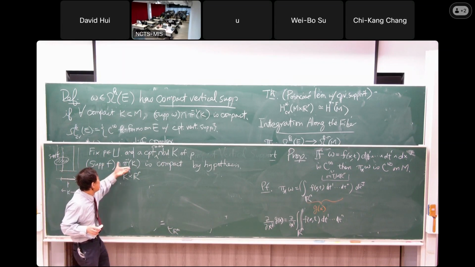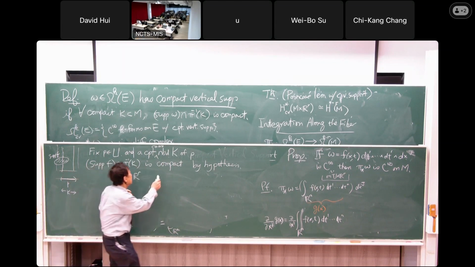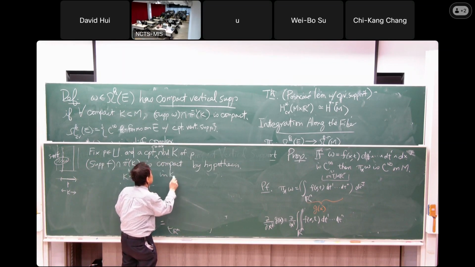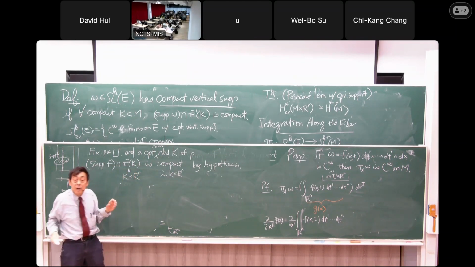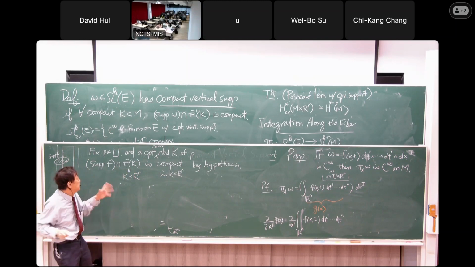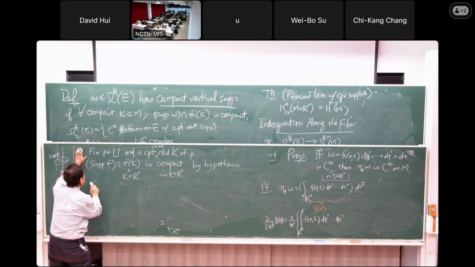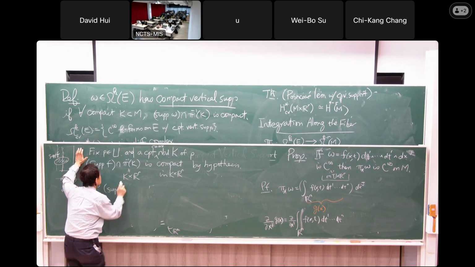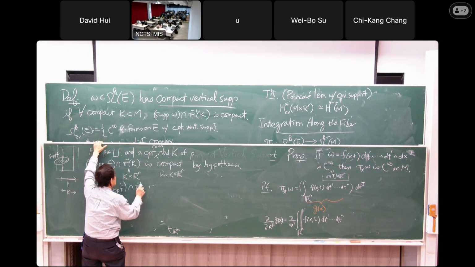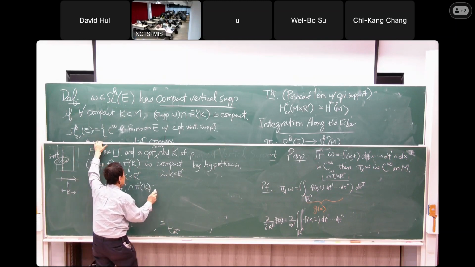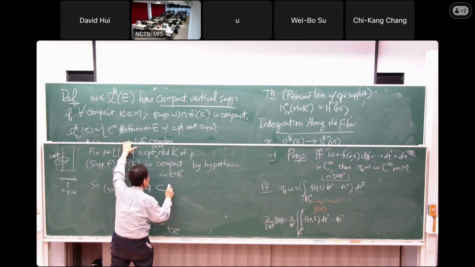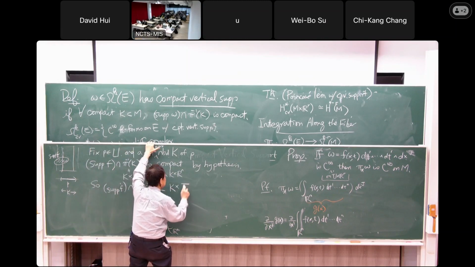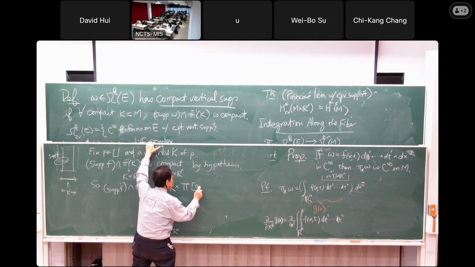And if you have a compact set in a Euclidean space, it's closed and bounded. So it is actually contained in some rectangle, right? K cross the product of [a_i, b_i].